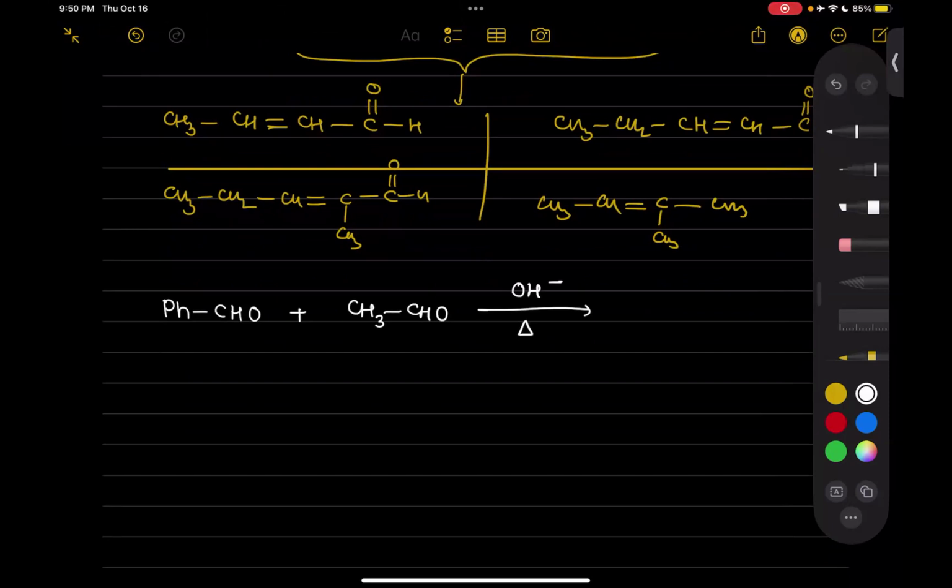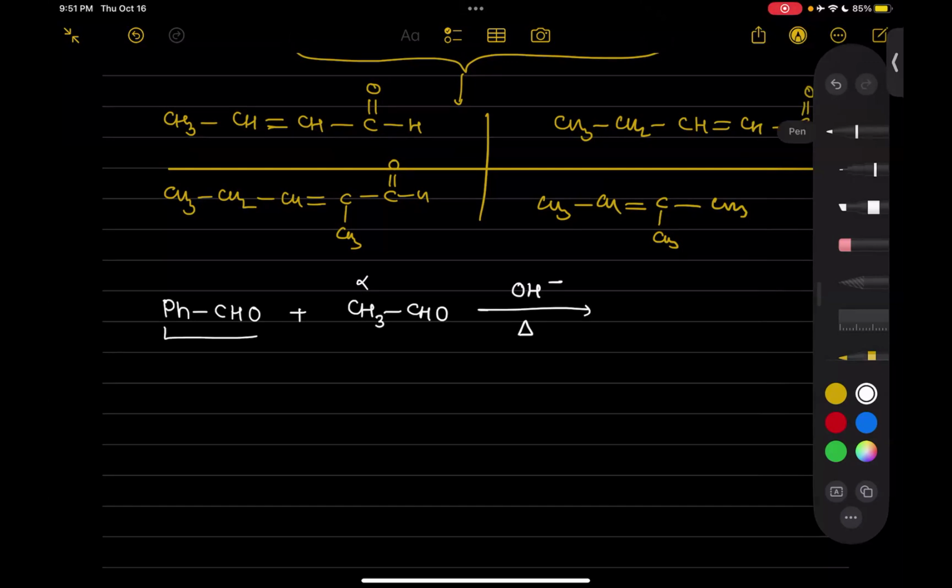I can help you out that this is having alpha carbon and alpha hydrogen. So that's acetaldehyde, and this is benzaldehyde.